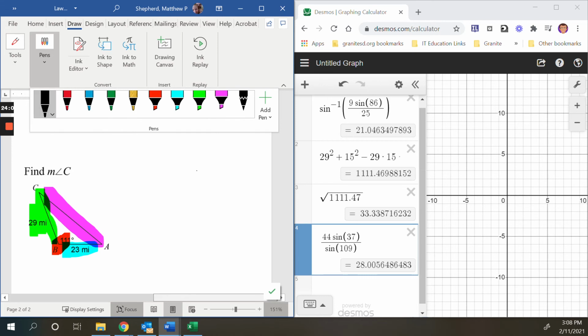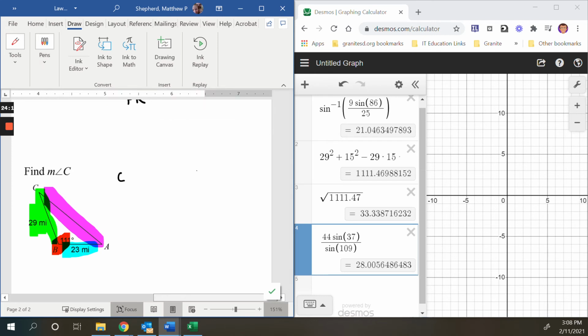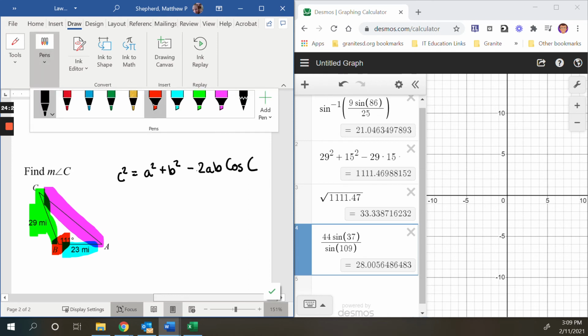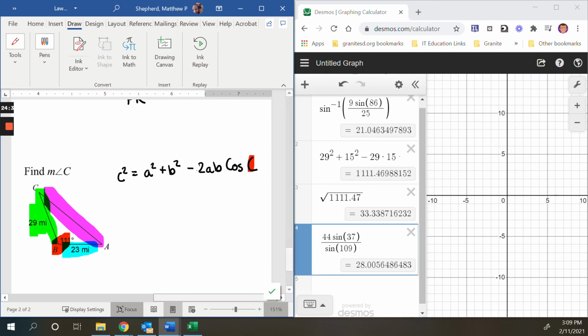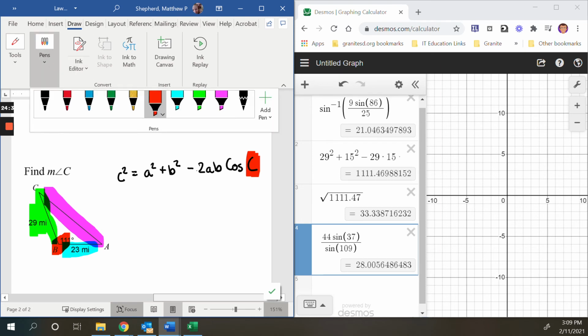So let's go ahead and rewrite that equation. So it should be C squared is equal to A squared plus B squared minus 2AB cosine of C. Now this is also kind of why I like to highlight. It helps me keep my brain clear as to where everything is and where it's going.